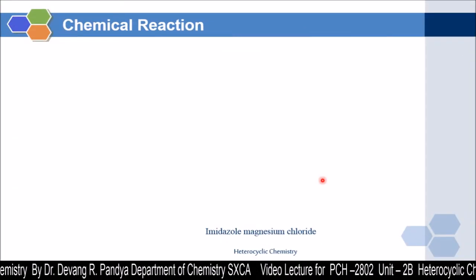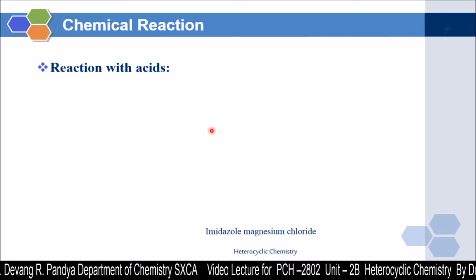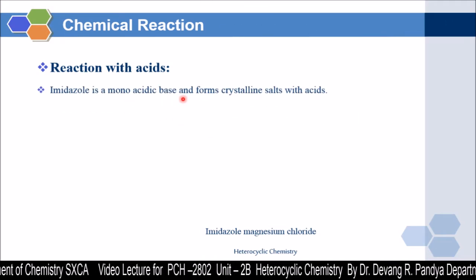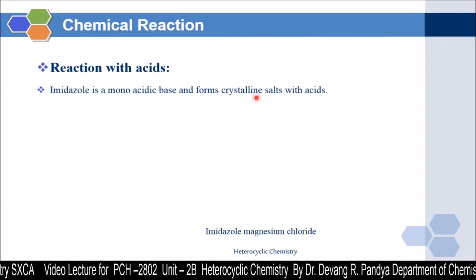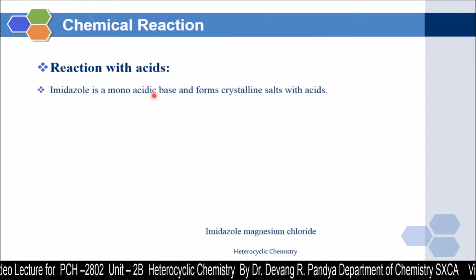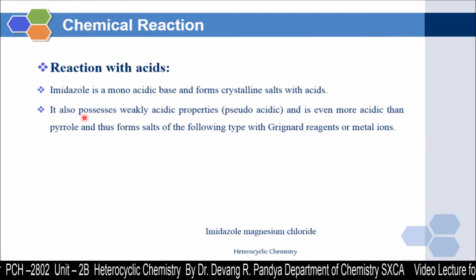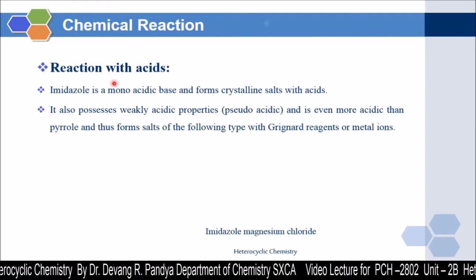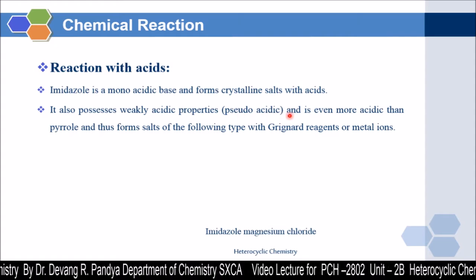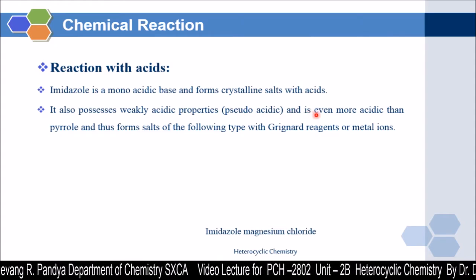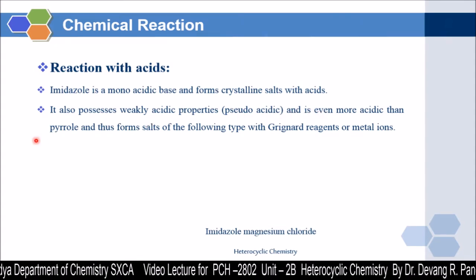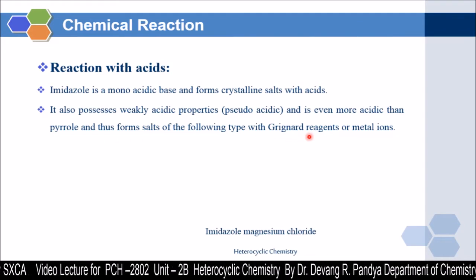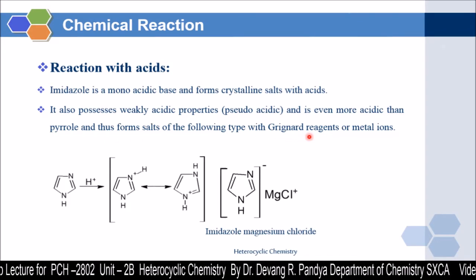Chemical reactions of benzimidazole. Reaction with acid. Imidazole is a monoacidic base and forms crystalline salts with acids. It also possesses weakly acidic property, as you know. It is amphoteric in nature, and it is even more acidic than pyrrole and thus forms salts with Grignard reagents or metal ions.